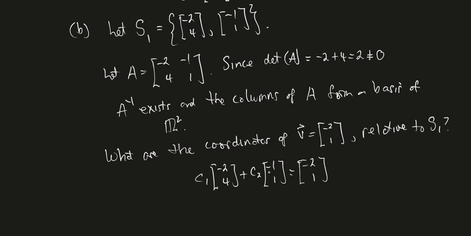So clearly we can't just, I mean, you might be a little clever and you might be able to see it, but I don't think it's quite as easy to identify what the scalars are when you're using a non-standard ordered basis.